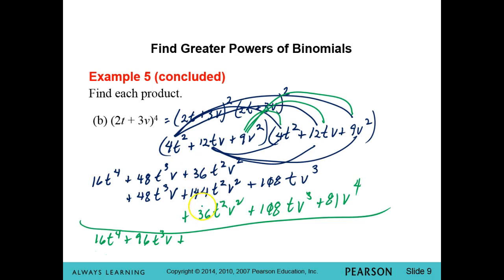Okay, that's 180 plus 36 is 216. T squared V squared, okay, plus 216 TV cubed, 81 V fourth. Whew!